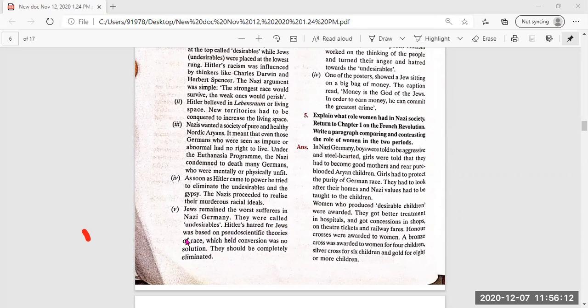Hitler's hatred for Jews was based on pseudo-scientific theories of race, which held that conversion was no solution and they should be completely eliminated. It was also thought that the Jews were responsible for the death of Christ, and that is why these people hated the Jews very much.